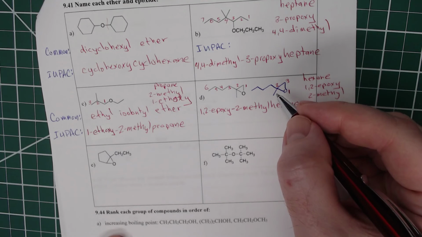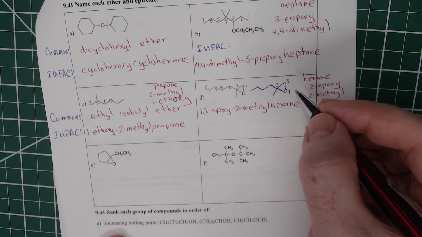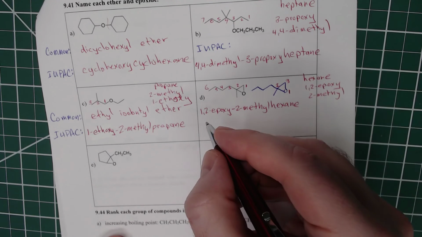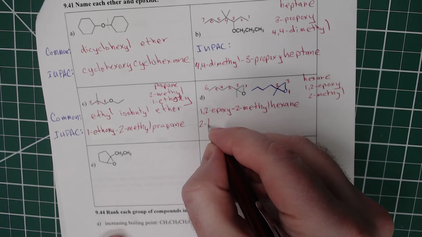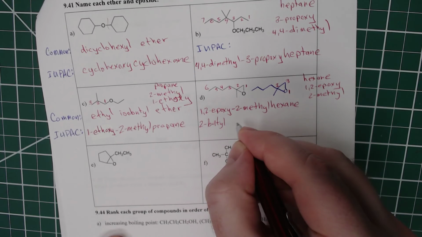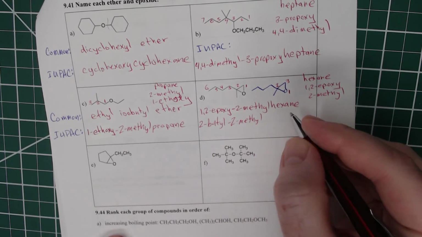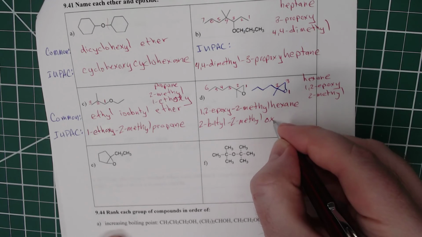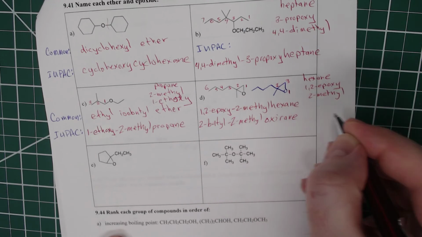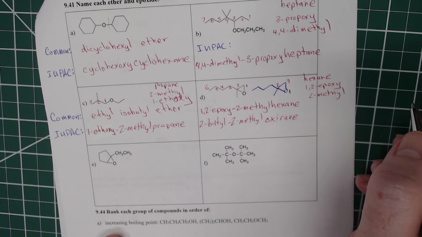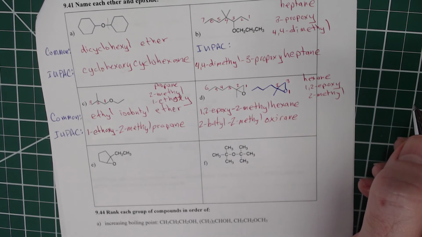Butyl is going to come before the methyl. So we will have 2-butyl, 2-methyl oxirane. All right, and that is another way of naming it.